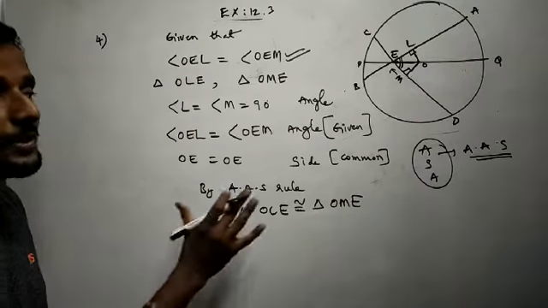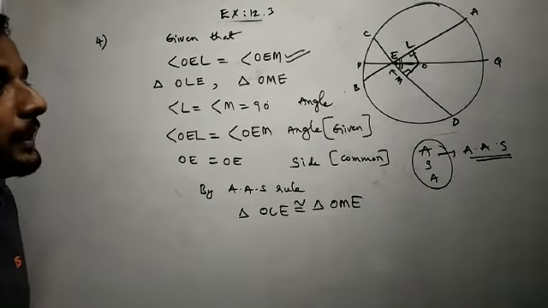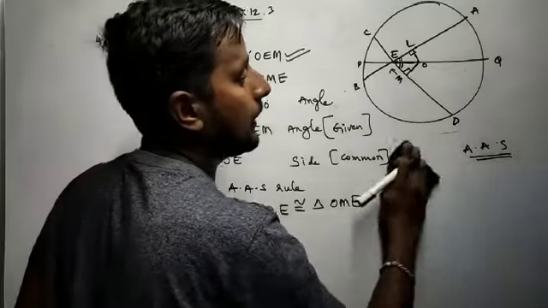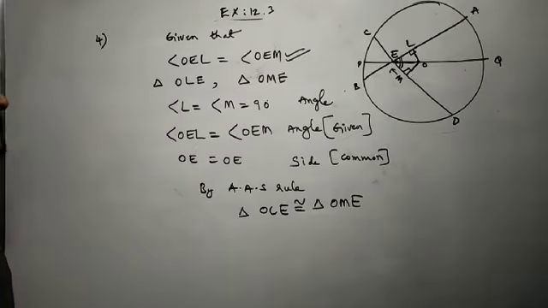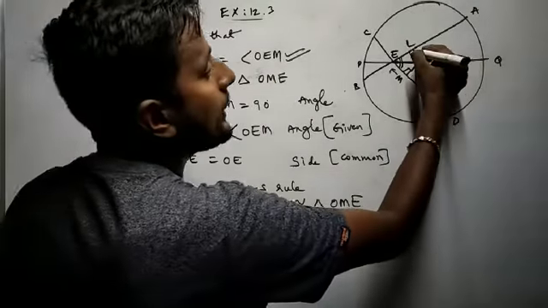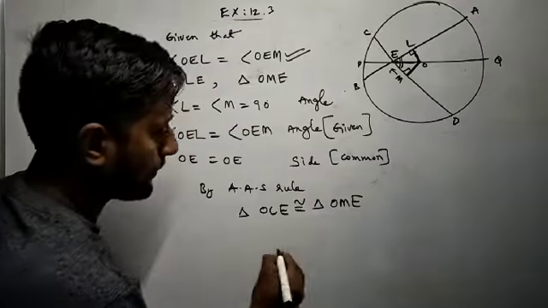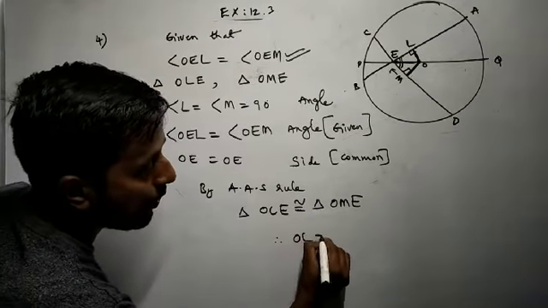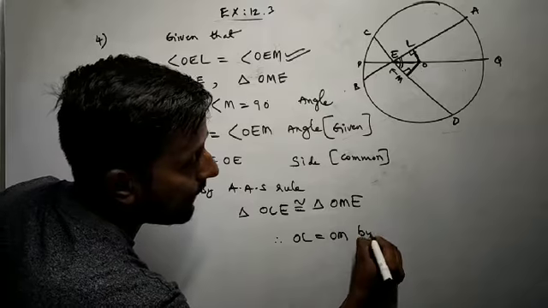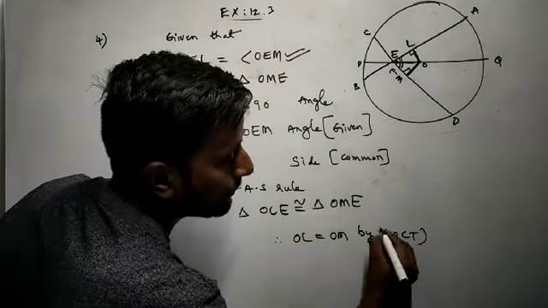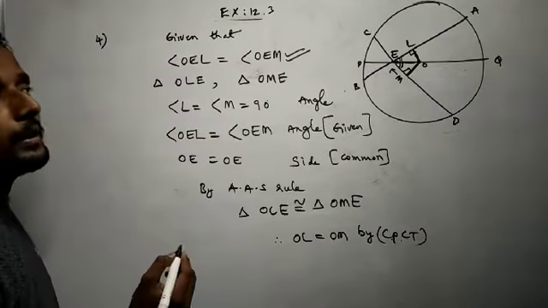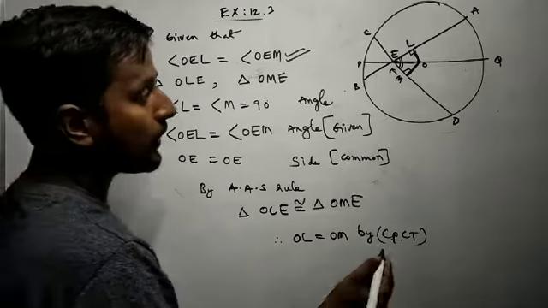Okay. Once congruence is decided, then the corresponding parts are also equal. So what are the corresponding parts? I am going to compare only two parts. One is OL and OM. Simple, I'll write therefore OL is equal to OM by CPCT rule, corresponding parts of congruent triangles. But what is OL?